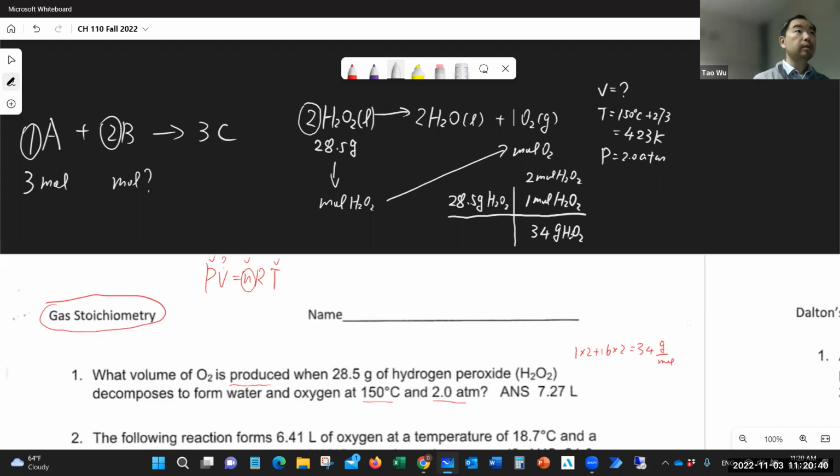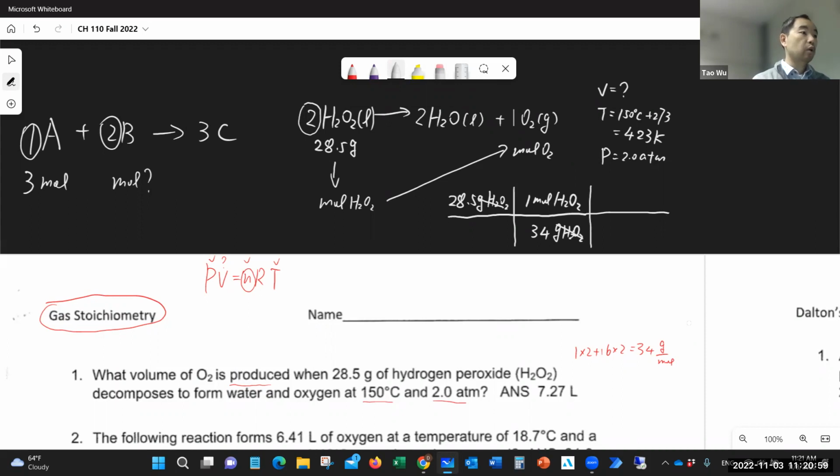It makes sense, right? So this is just dividing by molar mass. You can get the moles of hydrogen peroxide. So the grams cancel, and now you have the moles of hydrogen peroxide.